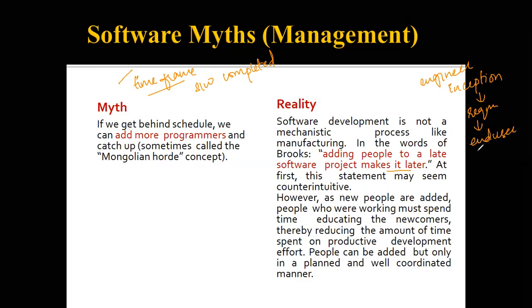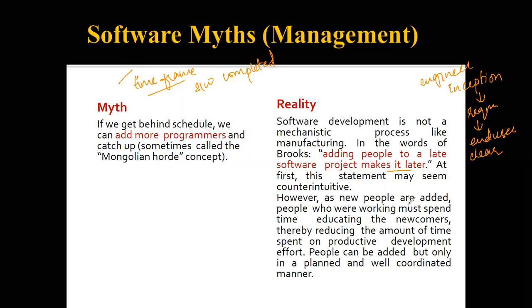When you communicate, you get a clear idea of what the end user wants. So he clearly knows each and every change that the end user wants to make within the software. He is completely involved in the software. If you add another engineer at the end of the phase, he just wants to complete the work. He will not be able to develop the software that the end user wants.